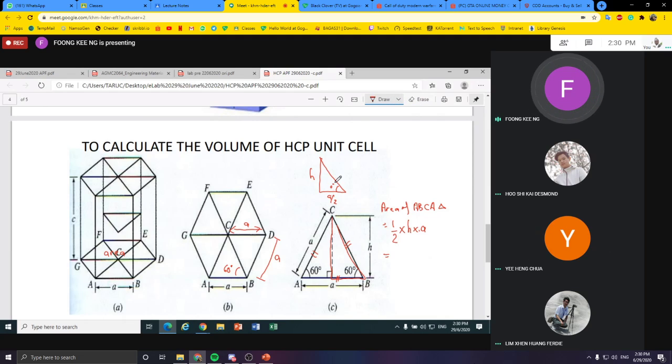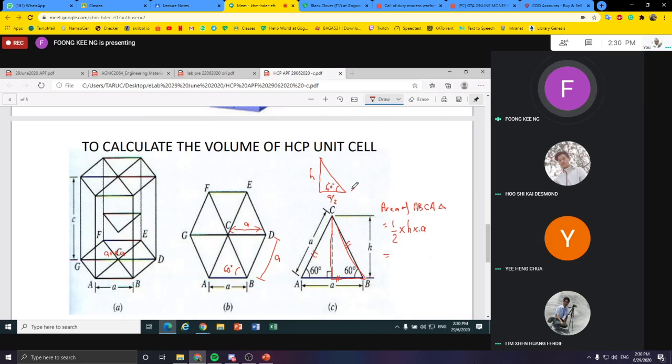I can see clear. The diagram is clear. Find height H. I'm looking at H. Cos A over A given the hypotenuse.